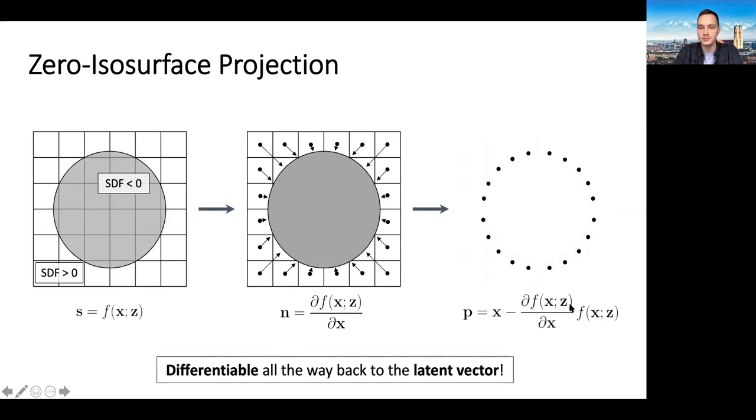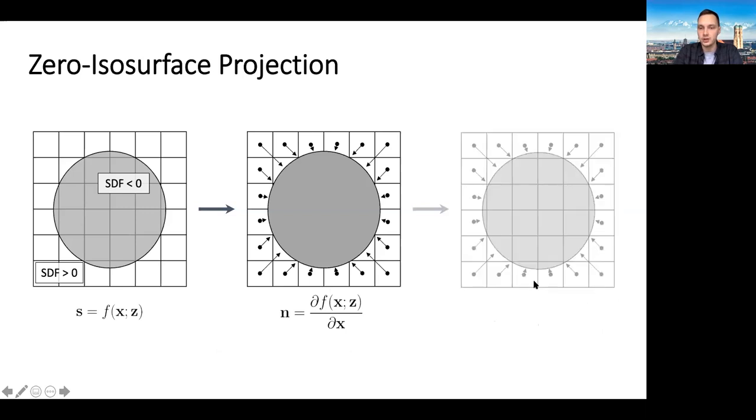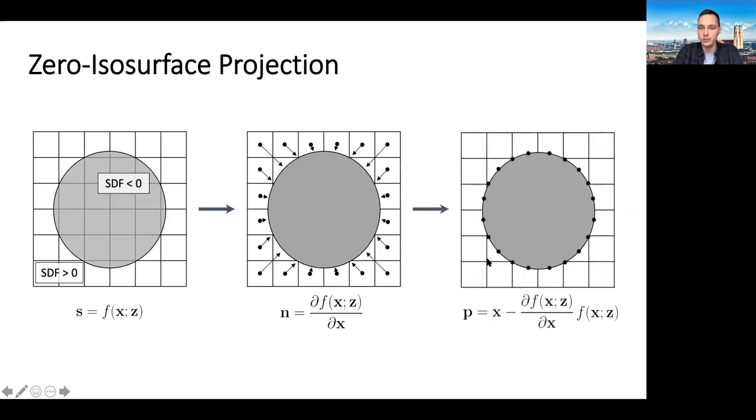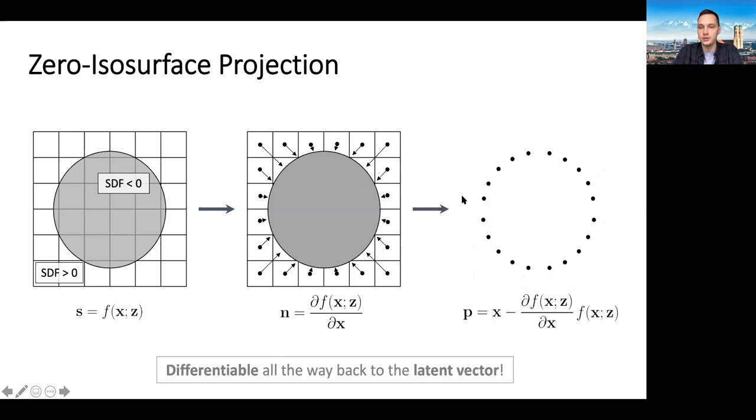So this is the normal if we're close to the surface, this is the coordinate of the point, and this is the SDF value. You can see what happens. We take all those points and project them onto the surface. It's a pretty simple concept, and this allows us to do cool things.